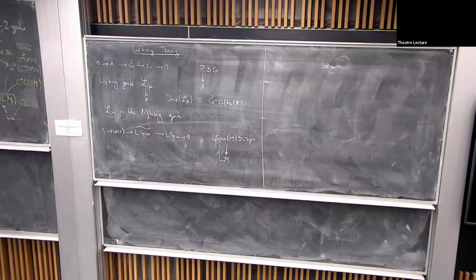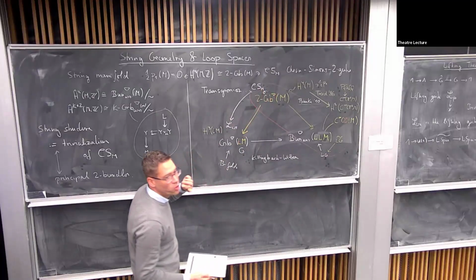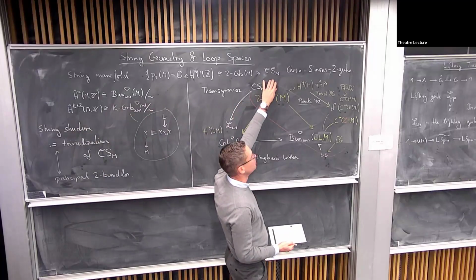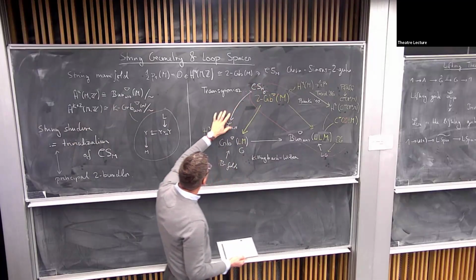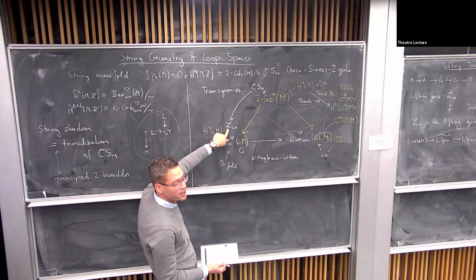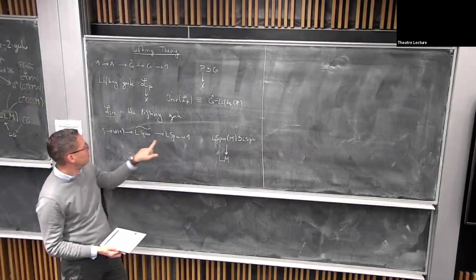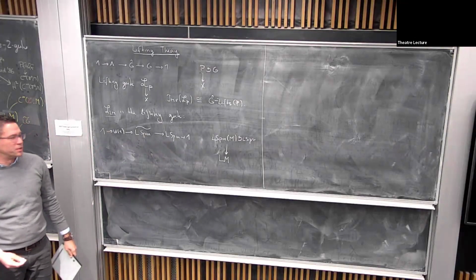And the lifting gerb is a transgression of the Chern-Simons 2-gerb. So by functoriality, if I have a string structure in our sense here, a trivialization here, because transgression is a functor, it transgresses to a trivialization of that lifting gerb. And by the theorem, that is one of these lifts to L-spin-tilde, which Killingback called a loop spin structure.